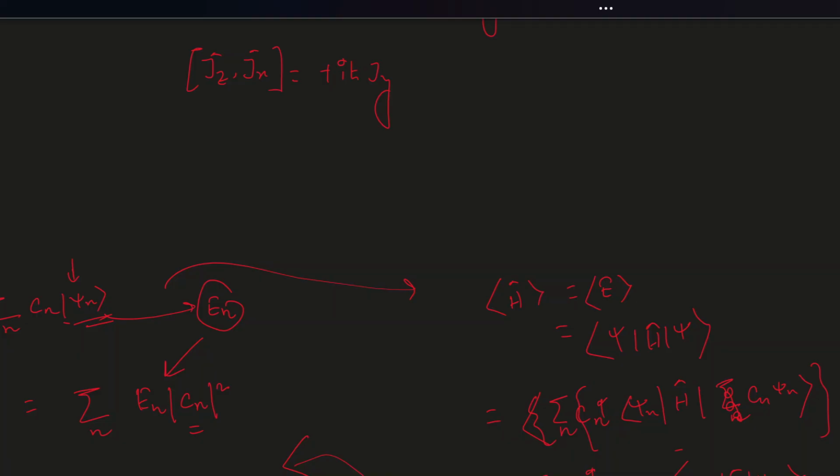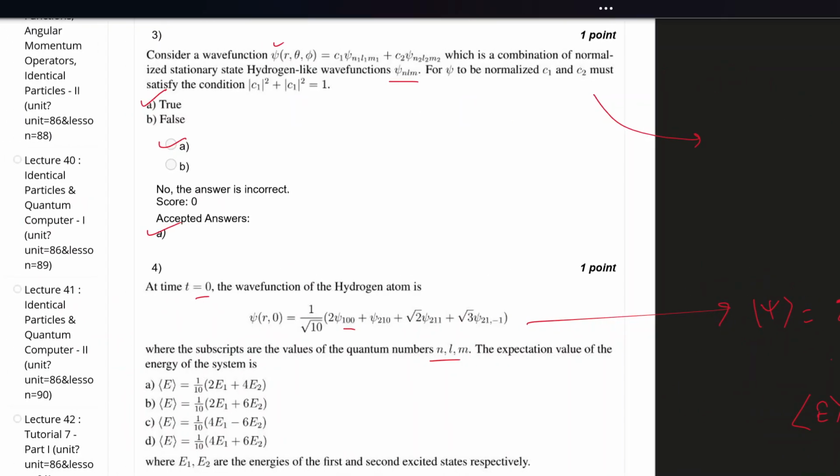For the first case where psi 100 is used, that is n equal to 1. Outside we have a common constant factor of 1 by root over 10 whole squared, because you are taking the coefficient whole mod square.